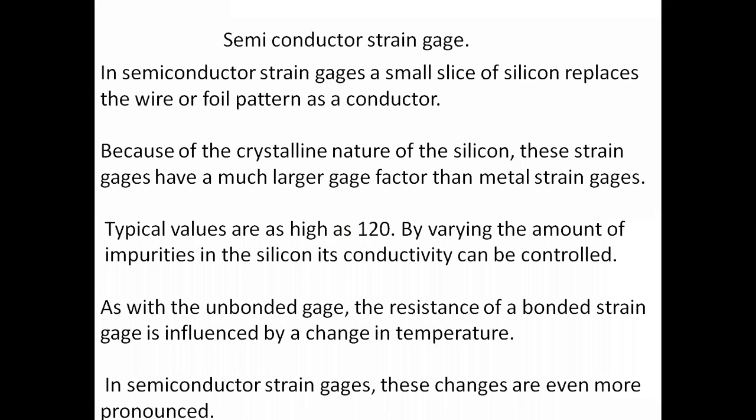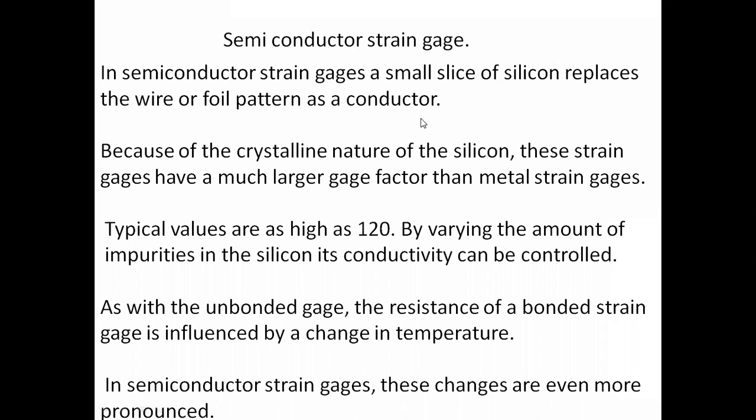Okay, so by connecting this semiconductor material as a converting element, it has a gauge factor of around 120. So it offers a very high value of the gauge factor when compared to metal strain gauges, bonded or unbonded. When we use the silicon material, silicon replaces the wire or foil pattern as a conductor.